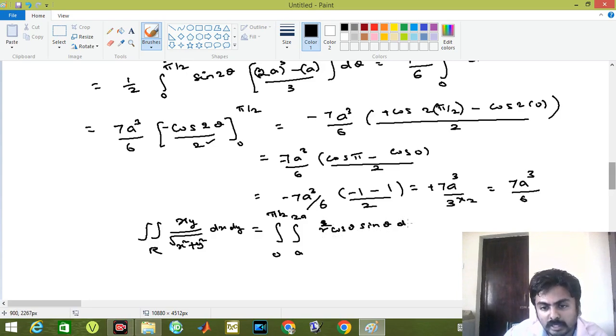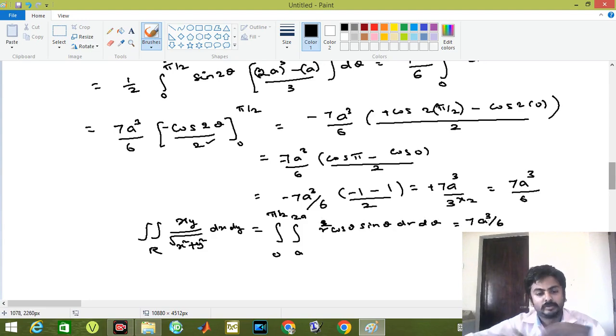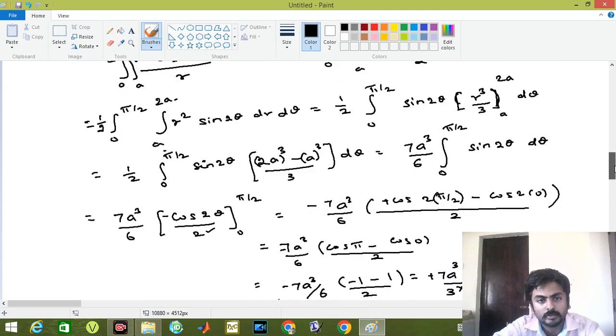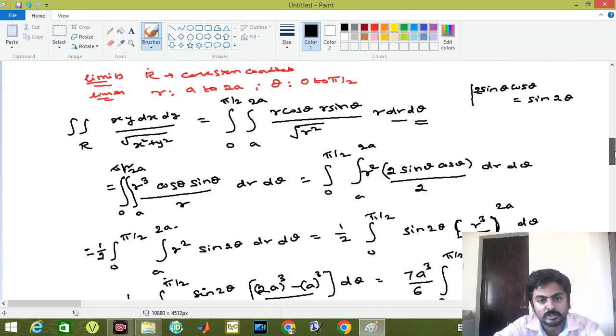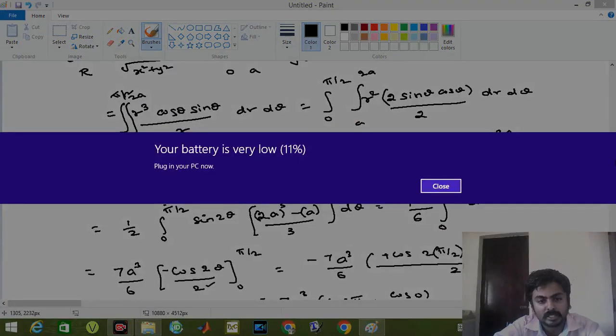R square cos theta sin theta dr d theta equal to 7a cube by 6. Okay, so this is your final result.